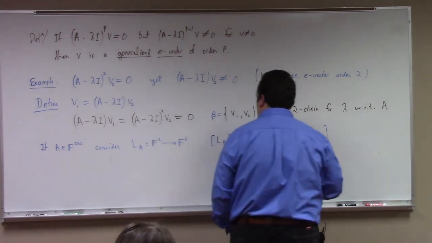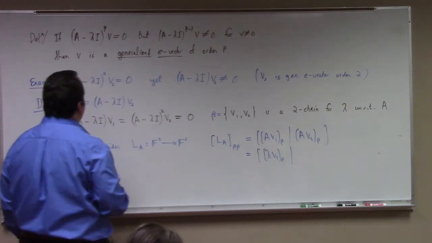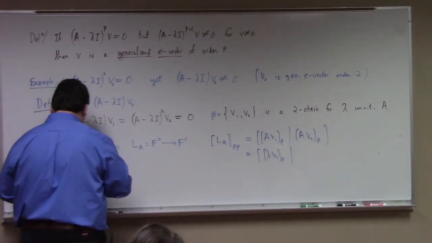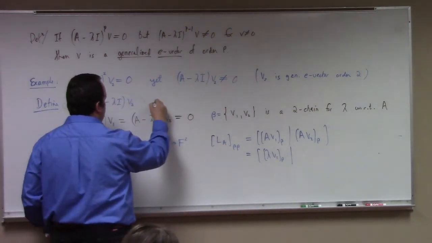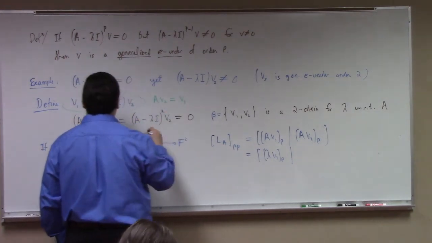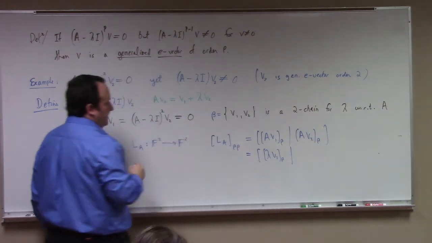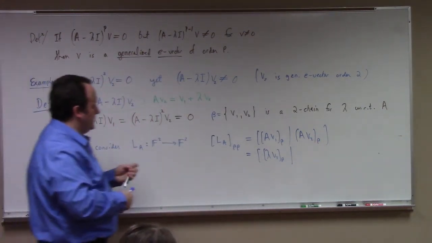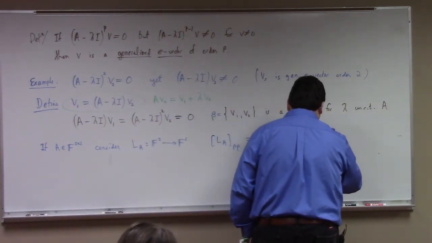And what's A v2 equal to? The answer is up here. If you look at this equation, A v2 is equal to v1 plus lambda v2.